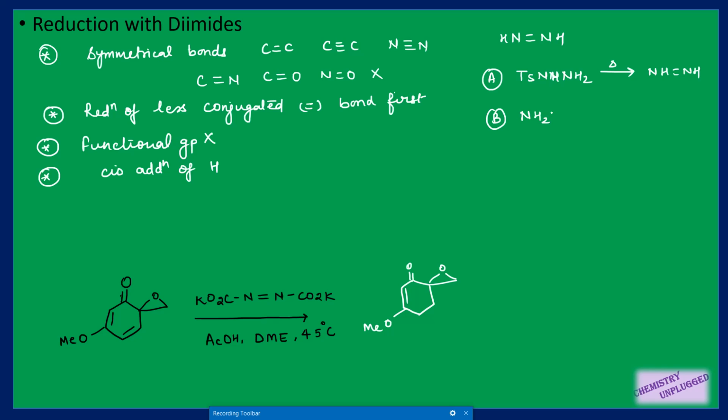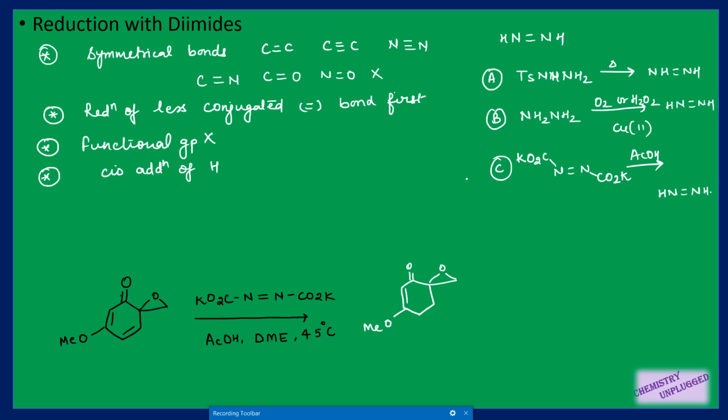This is hydrazine, and if I do its oxidation in the presence of a copper salt, for example oxidation using oxygen or H2O2 in the presence of a copper salt, then it will form diimide. The third possibility is they can give you azodicarboxylic acid derivatives like this one. This is the potassium derivative of azodicarboxylic acid, right? And when you use acetic acid with it, then it will form diimide, right?